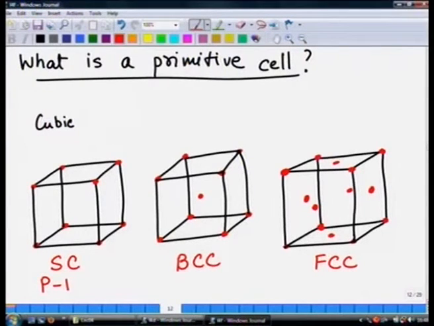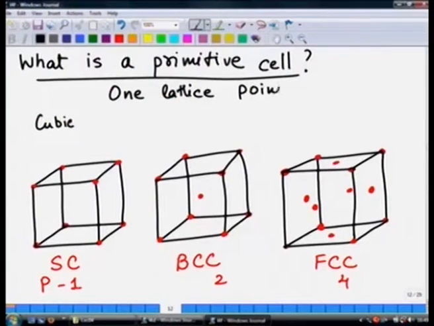And then the body centered has 2 points per unit cell, and the face centered has 4 lattice points per unit cell. So, the definition of a primitive cell is 1 lattice point per unit cell.